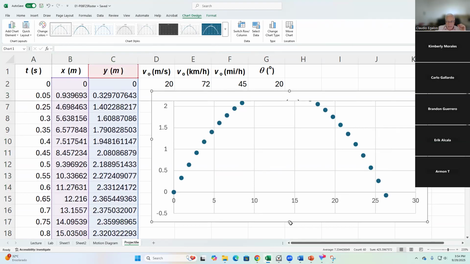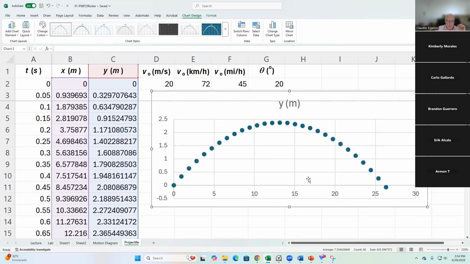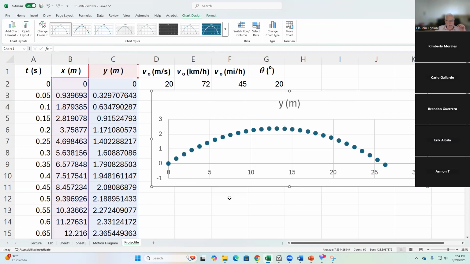And because it's 20 degrees, we have to shrink a little bit here in this direction, to give the appearance that the angle is 20 degrees. Let's see, more like that. And instead, yeah, 0 to 5, right?